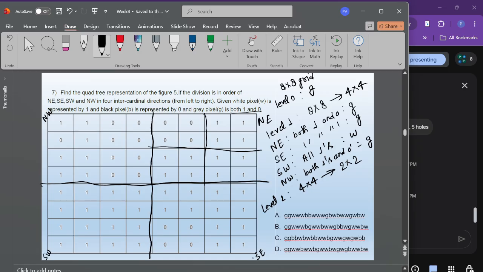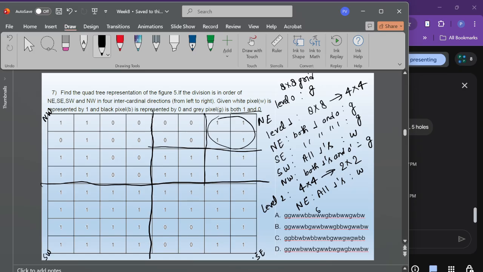Okay. So at level 2, here NE is all ones, right? All ones. If you see, what can we represent it with? W, right?